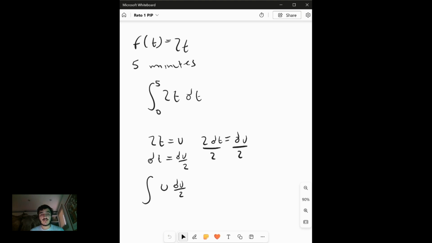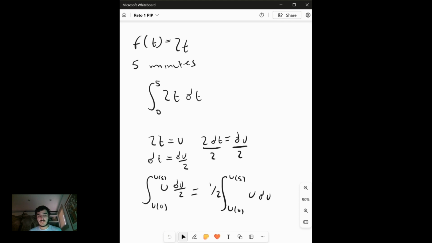And since du is accompanied by a constant, we can take that constant out. That's something that you can do in integrals. You can take it out. So this would equal 1/2 of the integral from u of 0 to u of 5 of u du.